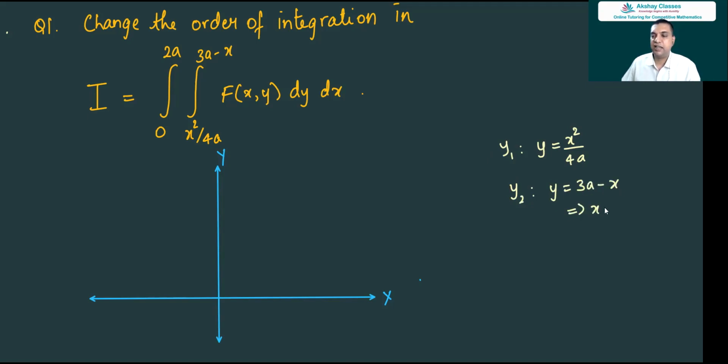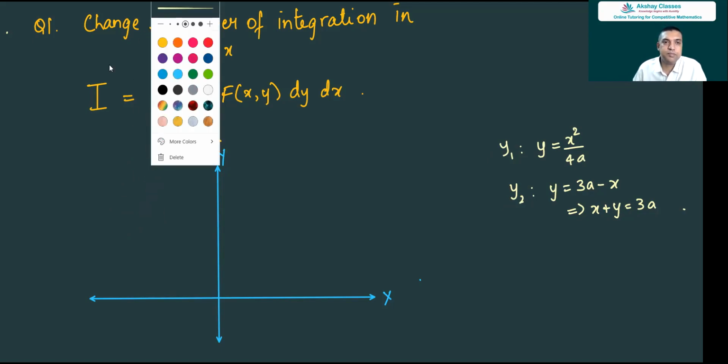So it is the line x plus y is equal to 3a. So first draw the parabola, x square equal to 4ay. So let's draw the parabola.